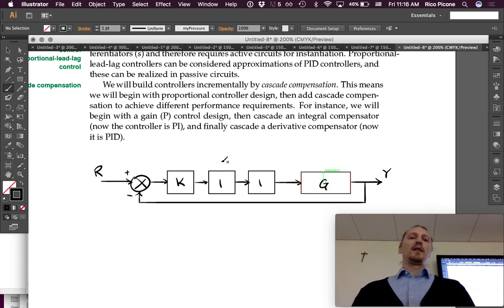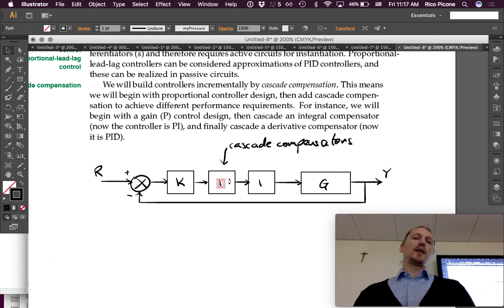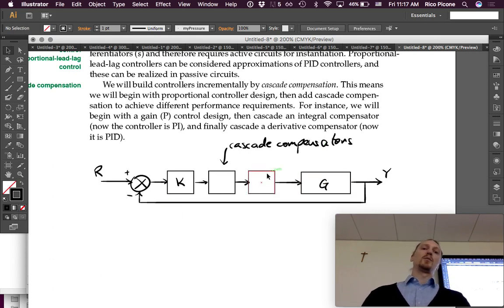So these are going to be cascade compensators. And we're not going to just put 1 in here now. With gain control, they're just 1s.